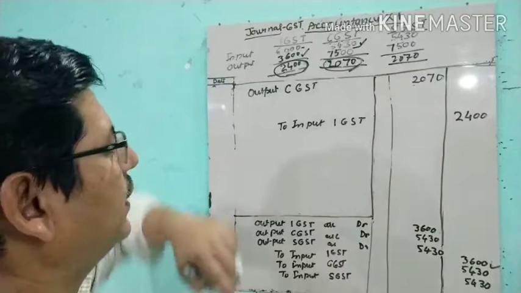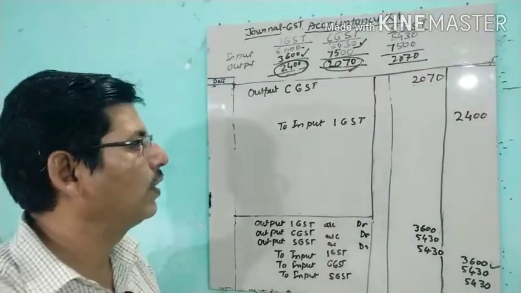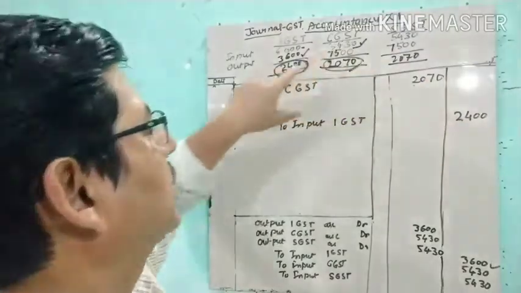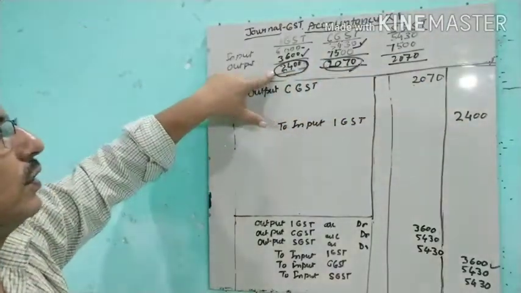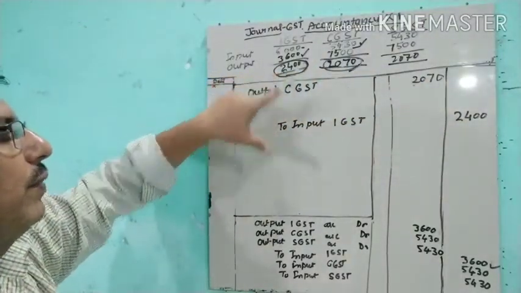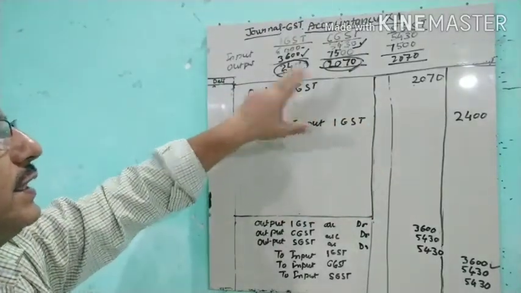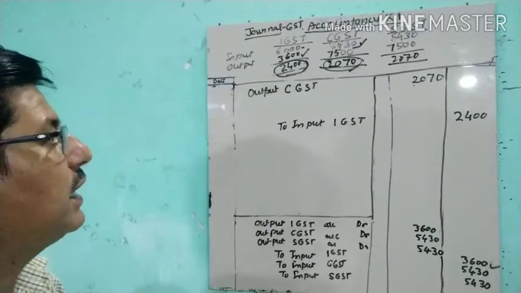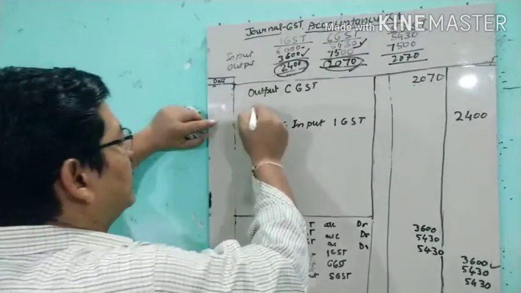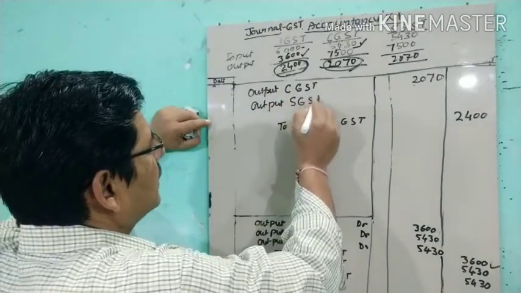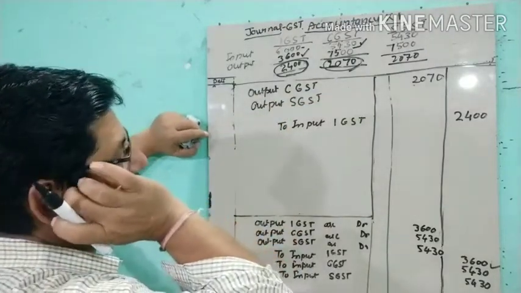Now what we have paid as tax, this we had to receive from the government. This we will adjust from CGST first, and if still it remains, we will adjust it from output SGST.